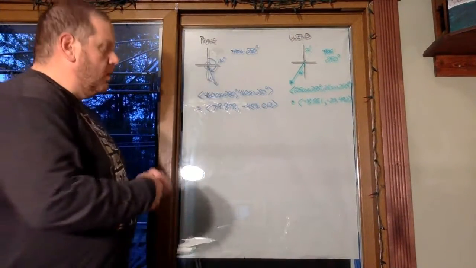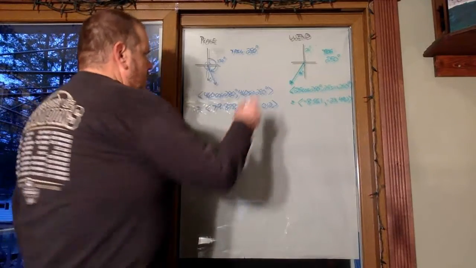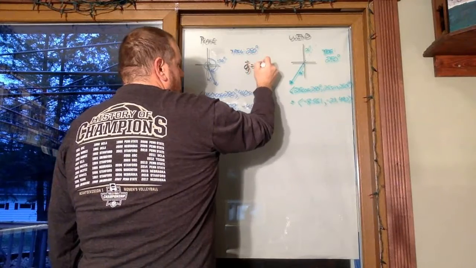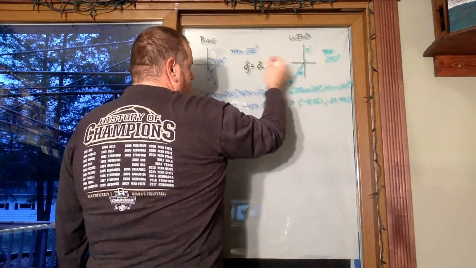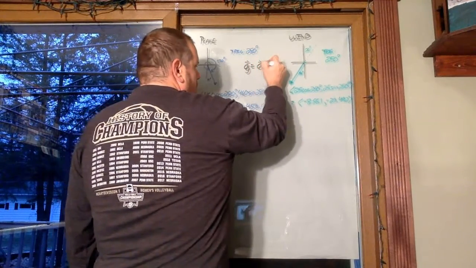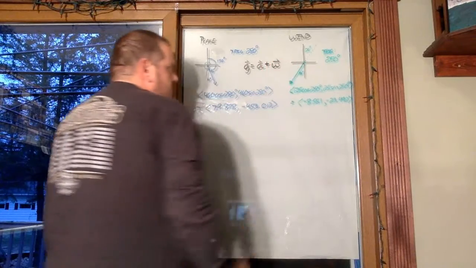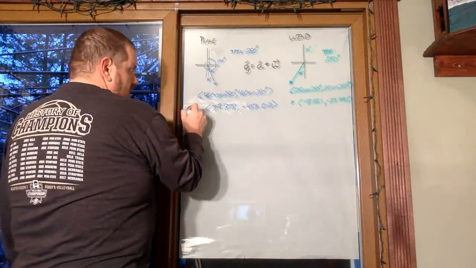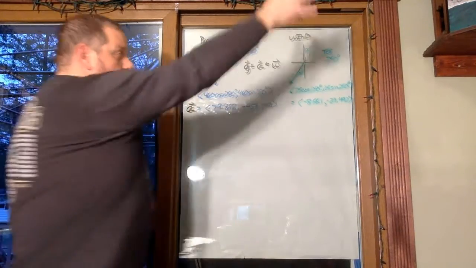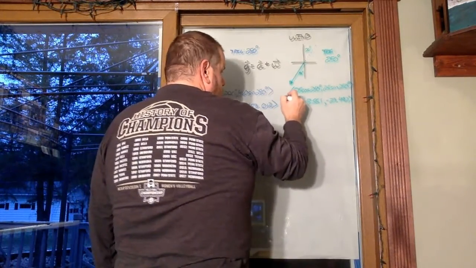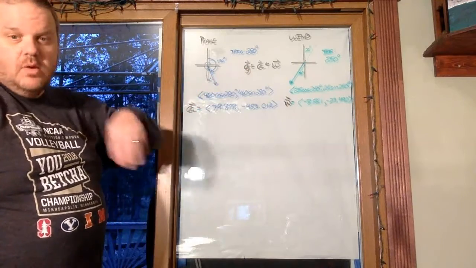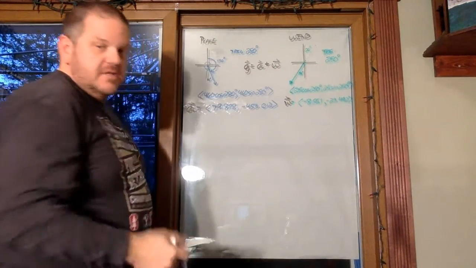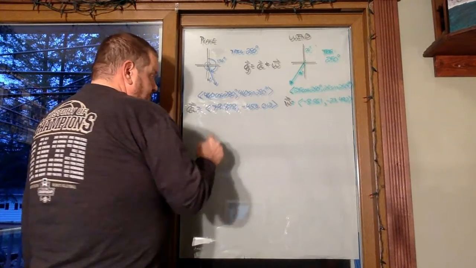The formula that we've been using is true is equal to the vehicle, the aim, whatever you want to call it, plus the wind. Well, the aim or the vehicle is the plane, so that's going to be our A. Our wind is going to be our W. So to find what's actually going on, I'm going to take these two vectors and add them together.